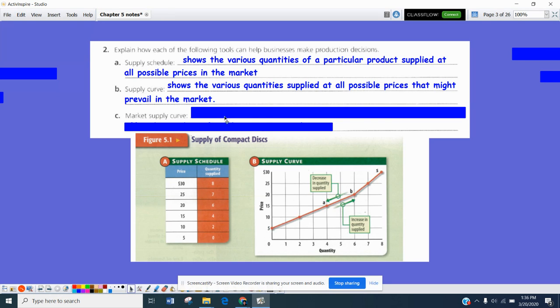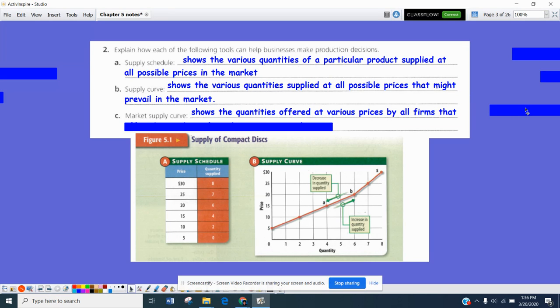Your market supply curve is basically the same thing as the supply curve, with the exception that it's showing the quantities offered at various prices by everyone offering that product in the market. So when you price check things on sites like Amazon, you're really getting the market supply price, by all the people offering product for sale within that platform.